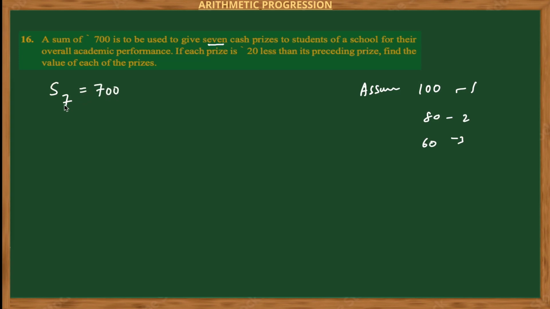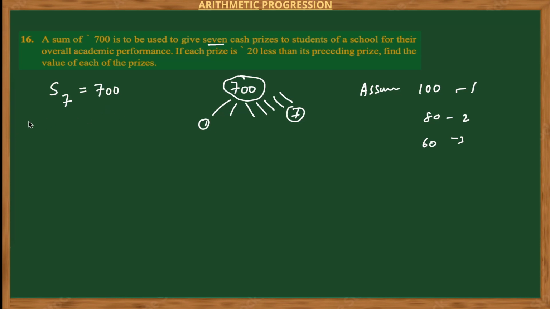Like this, 1 2 3 4 5 6 7, starting from 1 till 7, so n is 7, and the total amount given is 700 for the 7 prizes, in such a way that each next prize is 20 less.